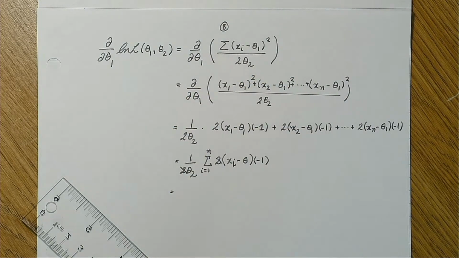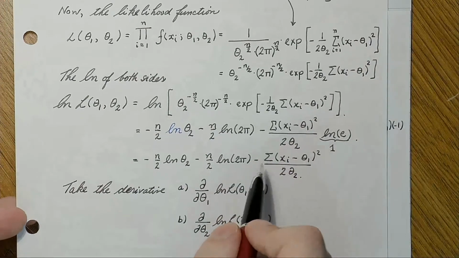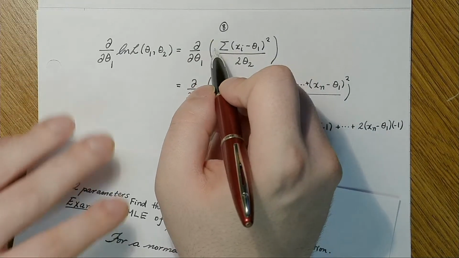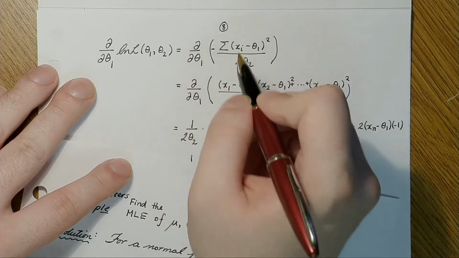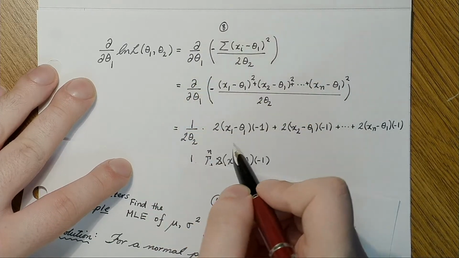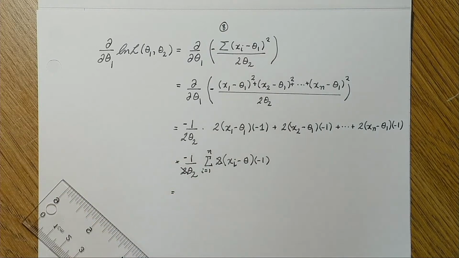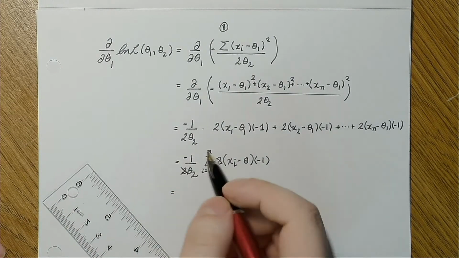And the other thing I forgot is that this should be a minus right here, so we need to remember that. I'll have a minus 1 there, minus 1 there, so this minus 1 and this minus 1 cancel as well.